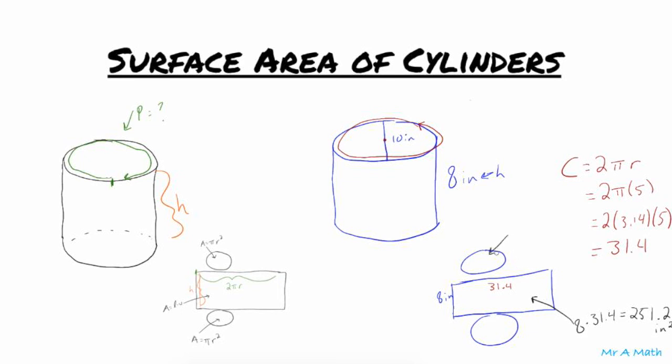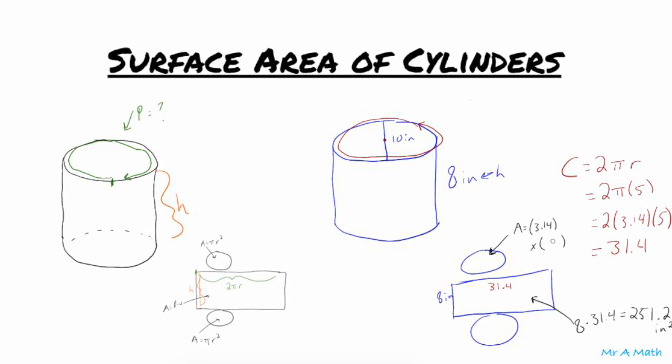Now we need to find the area of the top and bottom circle. So in these cylinders, we're assuming they're the same. So if I find the area of the top circle, I can just multiply that by 2 to get the area of the bottom. And remember, our area formula is equal to pi times the radius squared. So it's going to be pi, which is 3.14, times my radius squared.